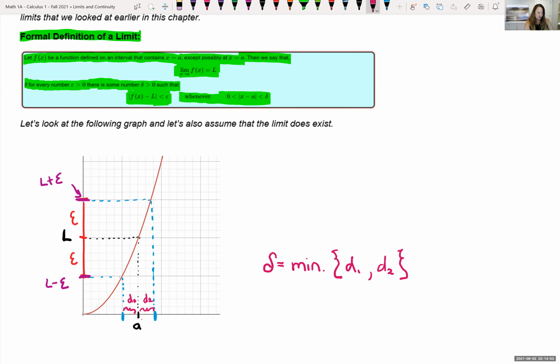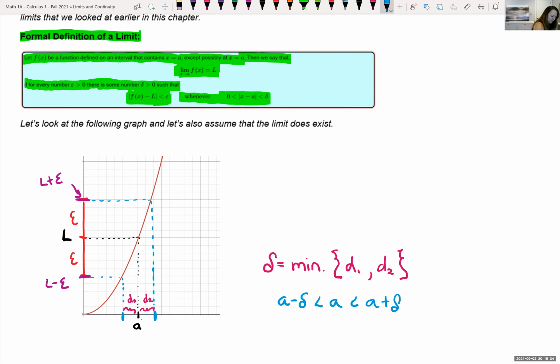Once we've found that smaller distance, that's saying if I choose my x value between a minus delta and a plus delta, I know I'm going to fall inside that neighborhood in here.